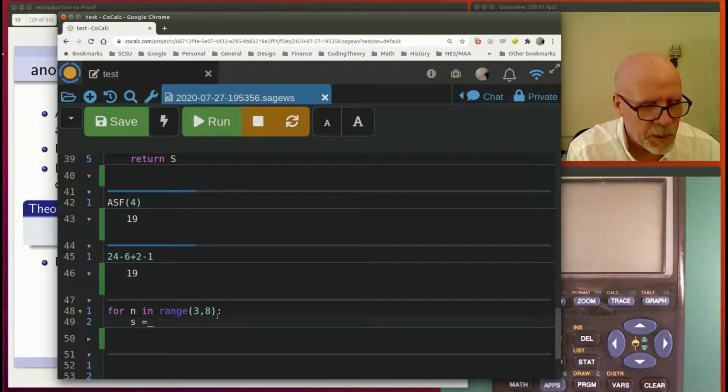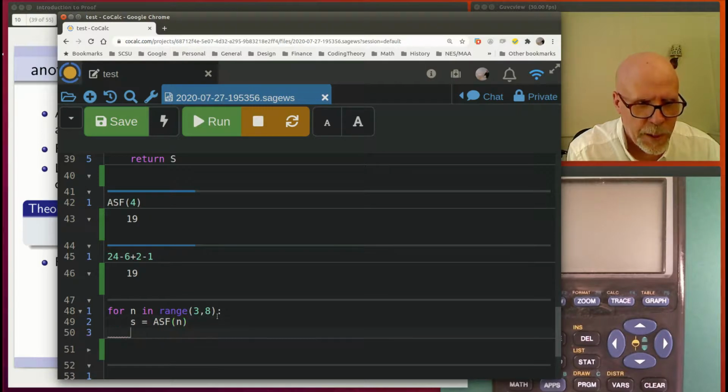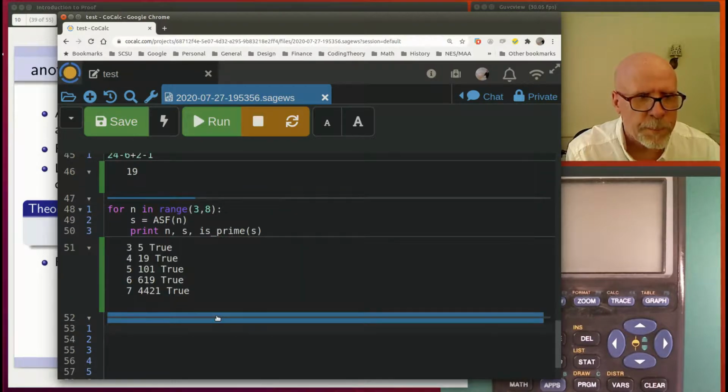Little s is going to be the alternating sum of factorials with n as input. And then on a line here, we're going to print n, s, and whether or not s is prime. That's all I want to have happen.